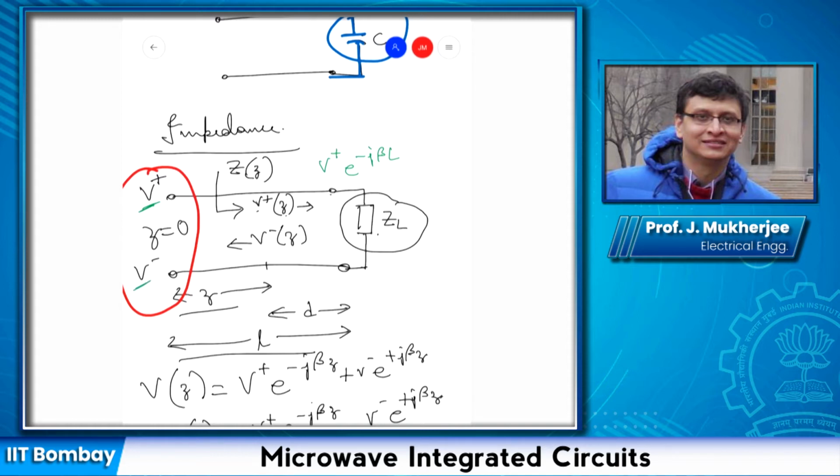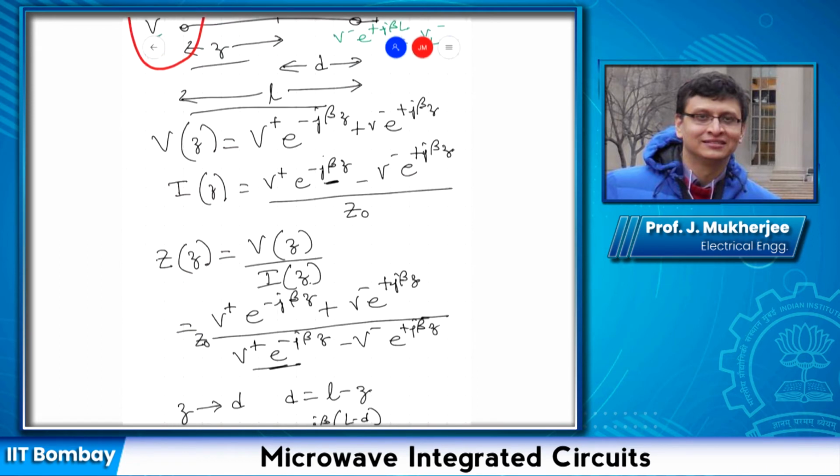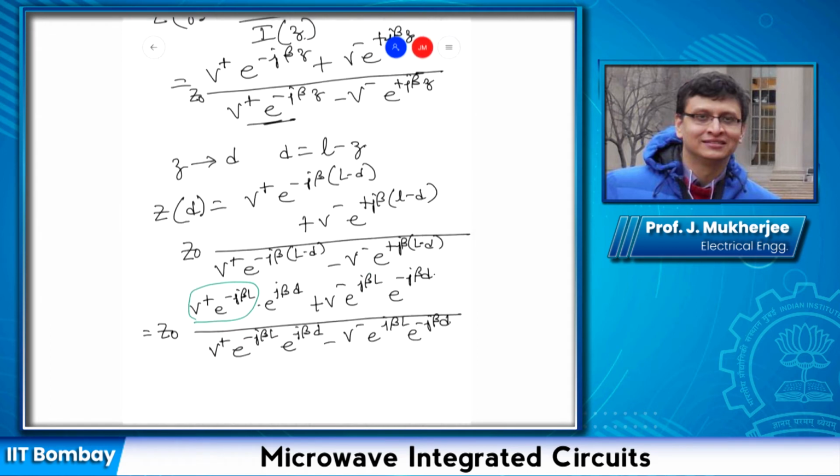Similarly, if the value of the backward moving wave is V minus here, at this point it is this. So we can write this as V of L minus, and this as V of L plus, where V of L plus and V of L minus represent the magnitudes of the forward and backward moving waves at the load end. Then I can write this expression like this.